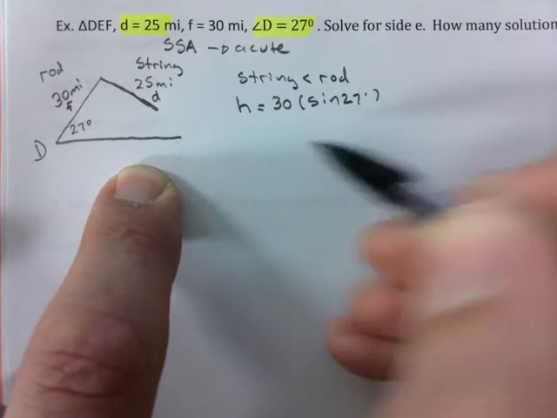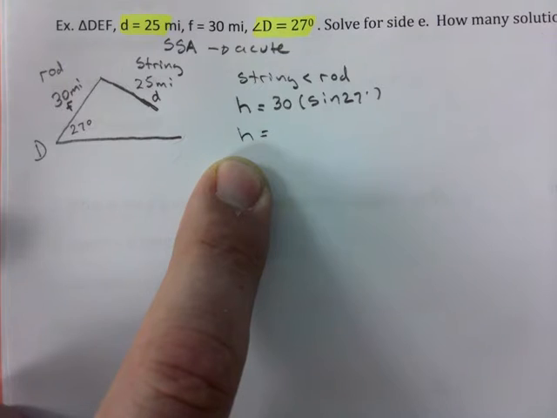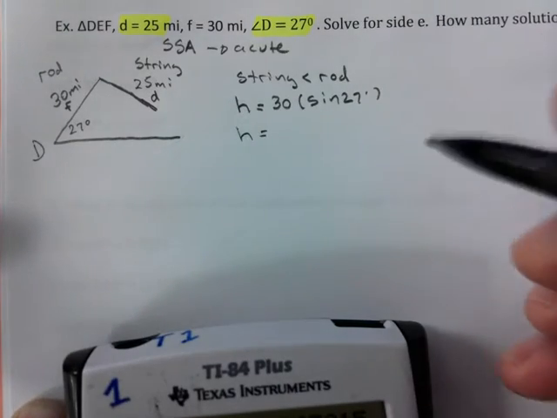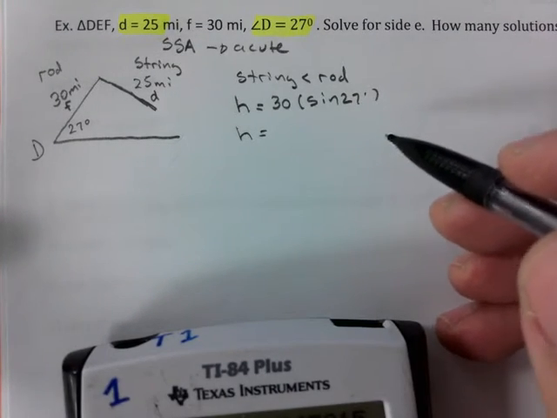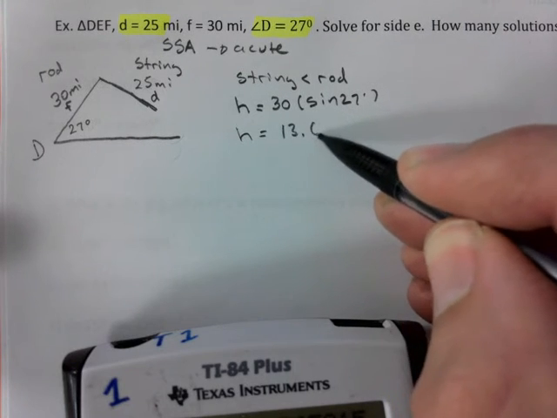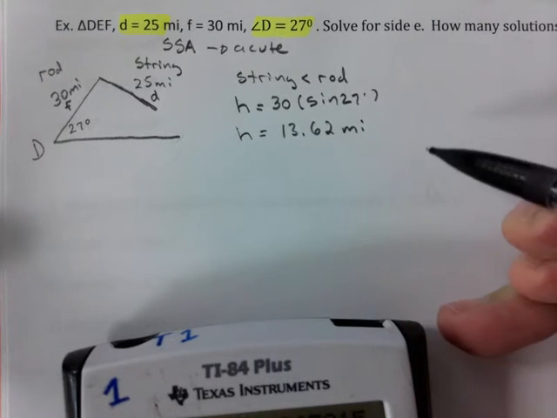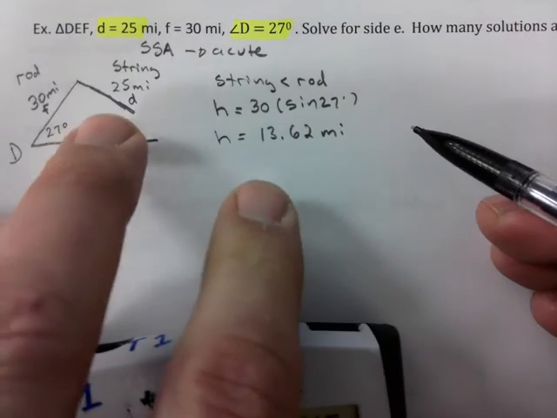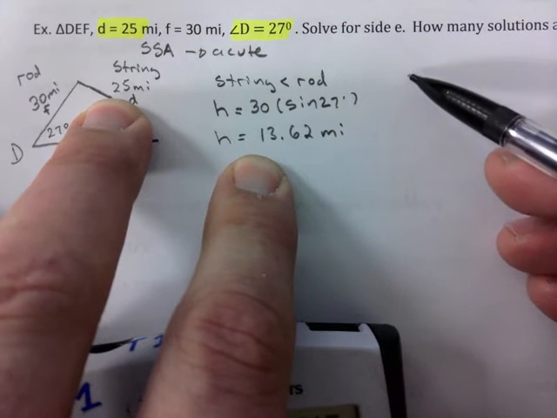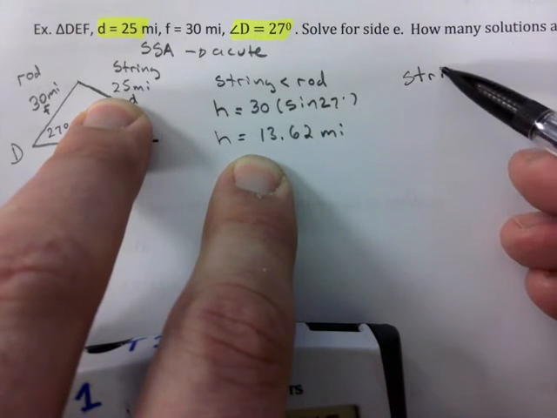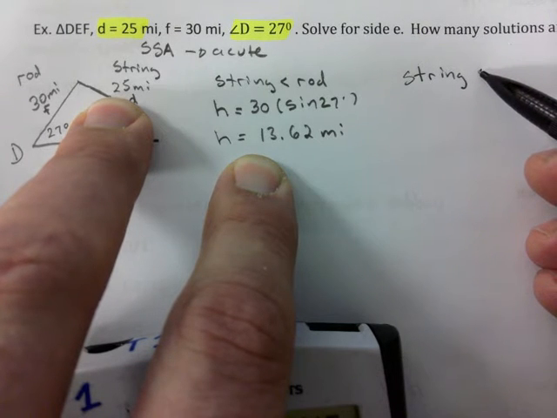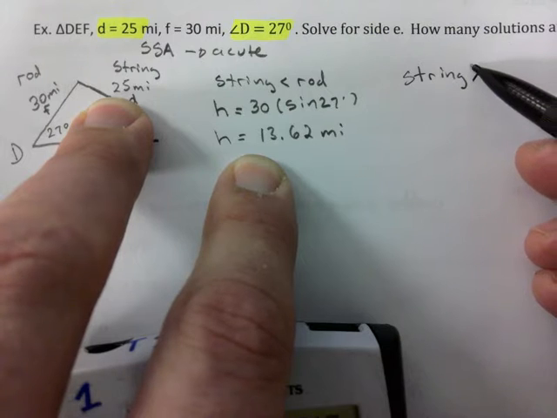So you have to bear with me for the first little bit because this is somewhat repetitive. We've done this many times. And this gives you 13.62 miles. And now I'm going to make my conclusion here. Once I have the height and the string, I will say that the string is greater than the height.